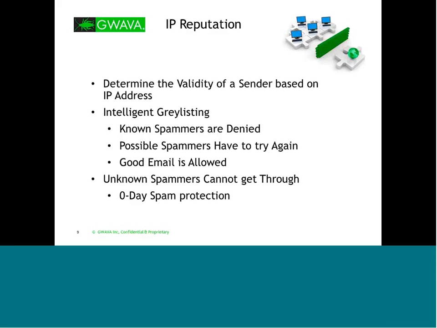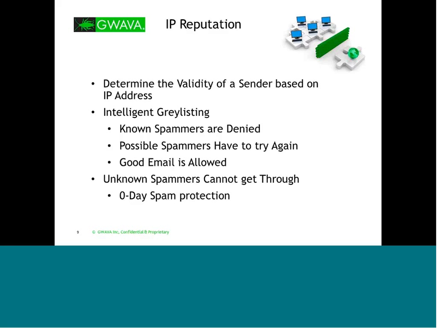So the IP reputation will totally drop the connection, so that spam will not even make it to your gateway, depending on your mail system. So possible spammers, as we all know, they try once, they're not allowed to get in, so they will go to another box to try to send. So they have to try again, and that's not good for them. So good email, of course, is allowed, and will be forwarded to your SMTP engine. Unknown spammers cannot go through.